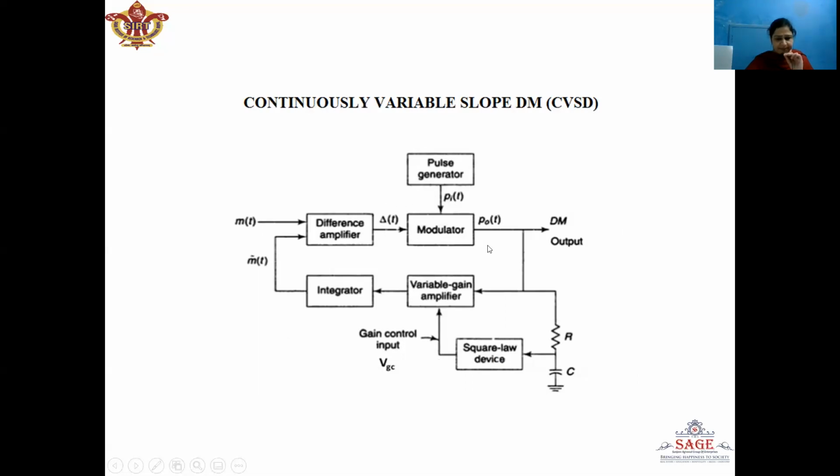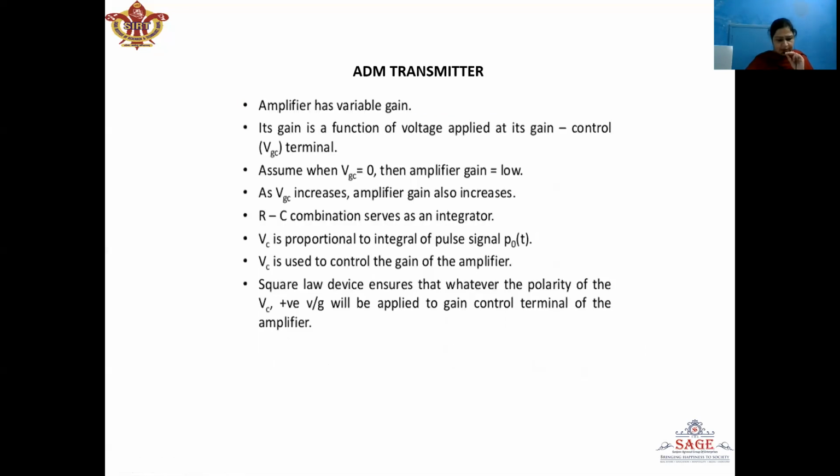Here we can see the RC combination. The RC combination serves as an integrator. The voltage across the capacitor is proportional to the integral of the pulse signal Po(t), and it is used to control the gain of the amplifier. So assume that x(t), that is the message signal, is making small excursions within the step size.